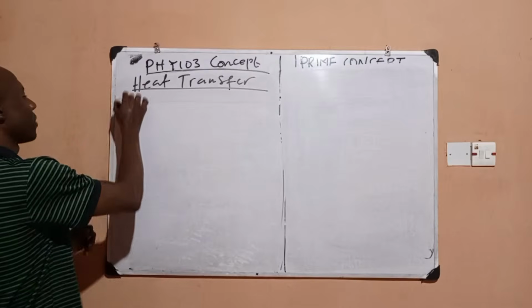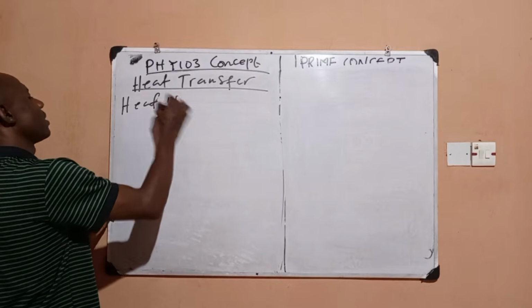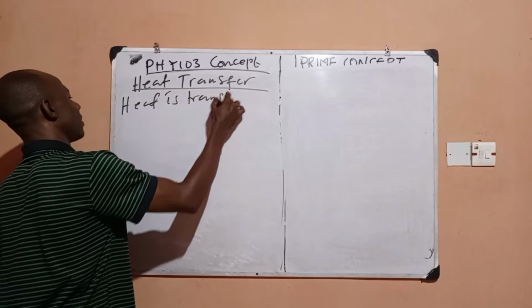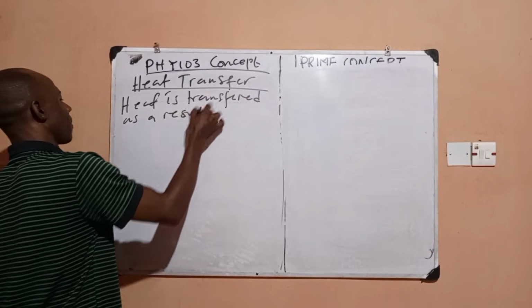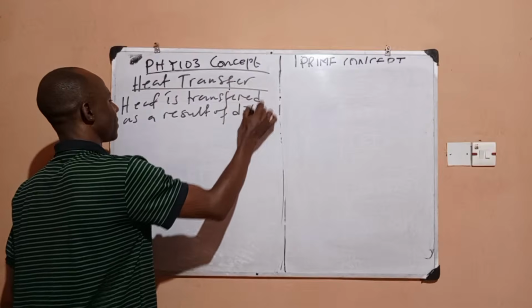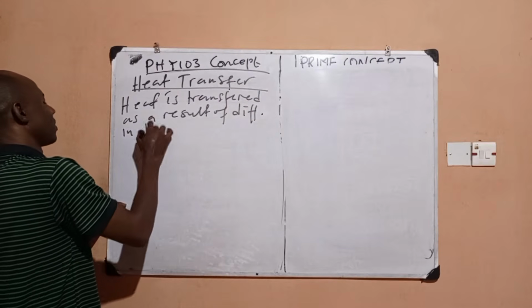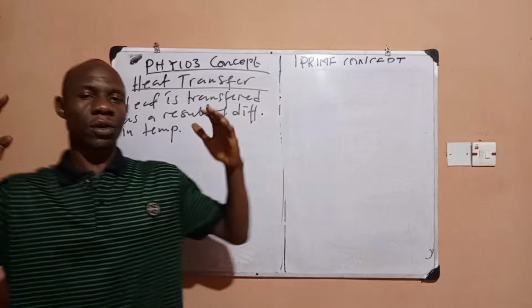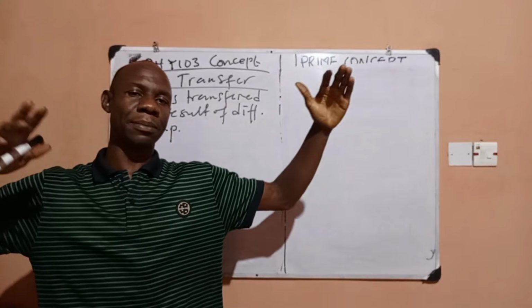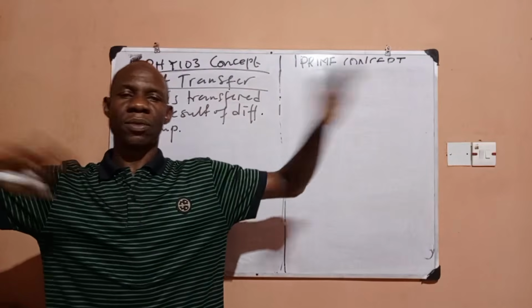So heat is transferred as a result of difference in what? Temperature. So if the temperature of 2 points are the same, heat would not flow from any point to the other.